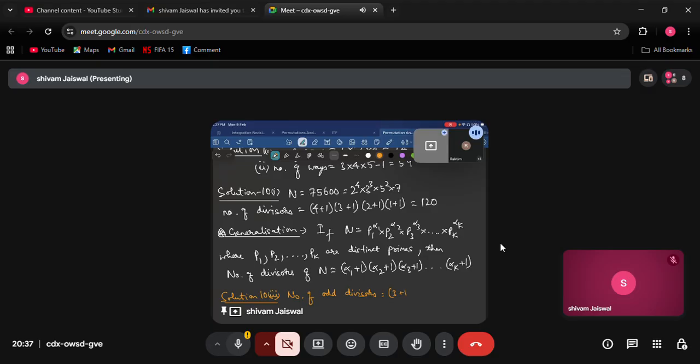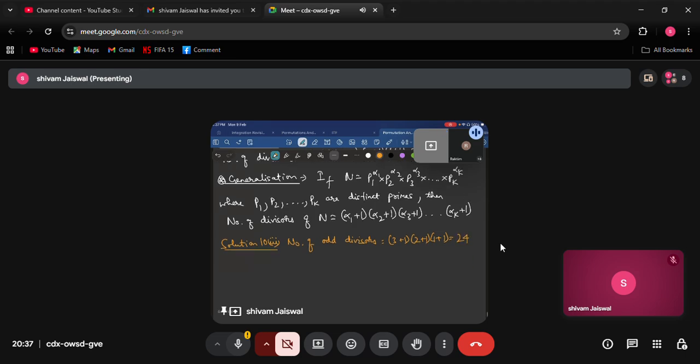Exactly. 3 plus 1 into 2 plus 1 into 1 plus 1. That gives us how much? 24. So what is the number of even divisors? So we have to consider at least one 2. Then we have to select the other things. Or we can subtract from the total. Right. Which one is better? The second one. Is it clear? Yes.